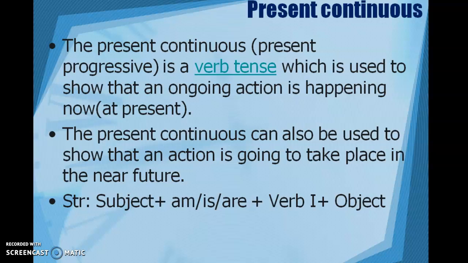The structure of present continuous tense is subject plus be forms, present be forms. The present be forms are am, is, are, plus verb 1. Verb 1 is the present verb, plus object.